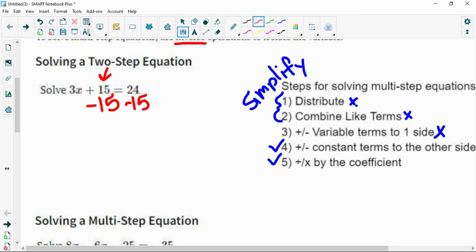And we make sure that we do that on both sides to keep the equation an actual equation, where the left and the right are equal. We bring down our 3x, because that's the only thing left on that side, equals, and then we do 24 minus 15.